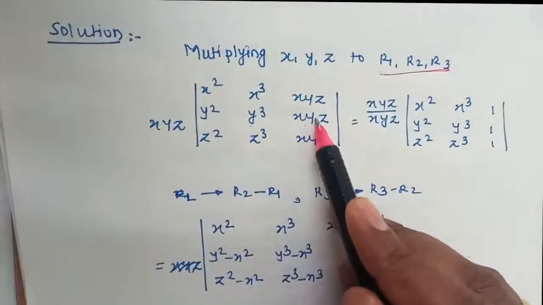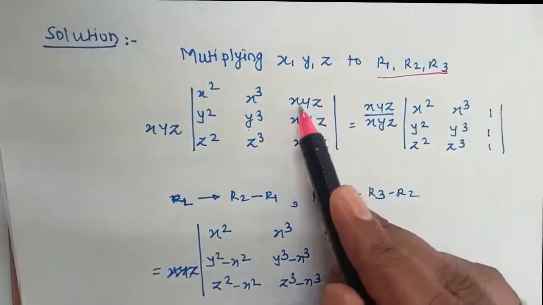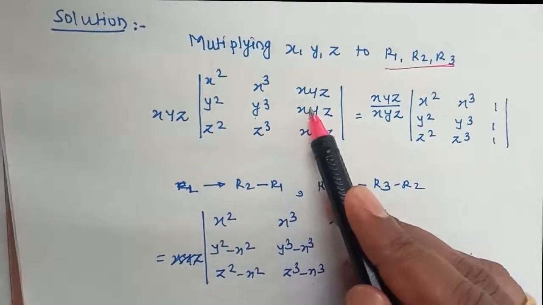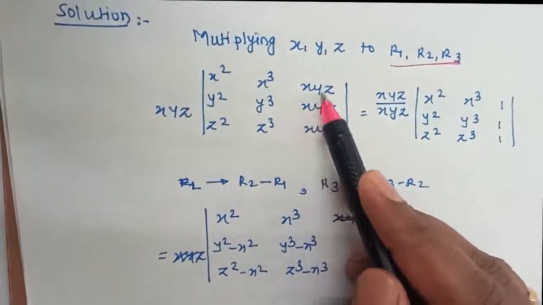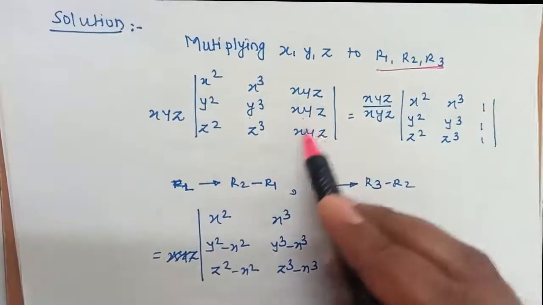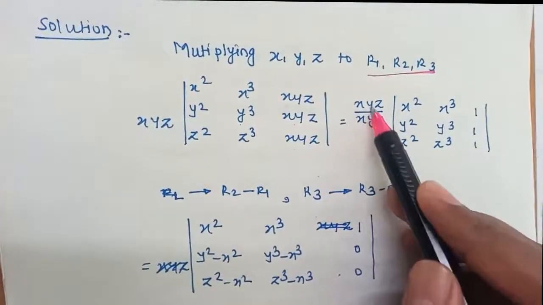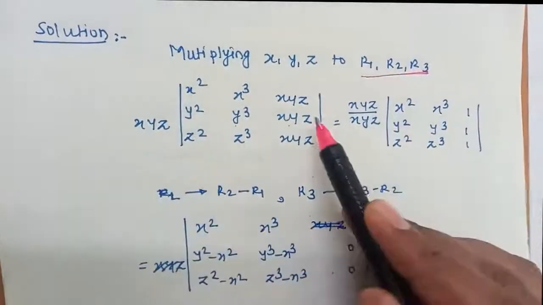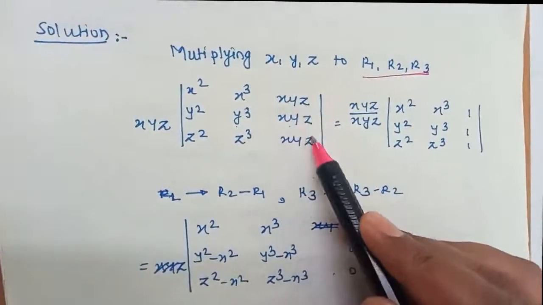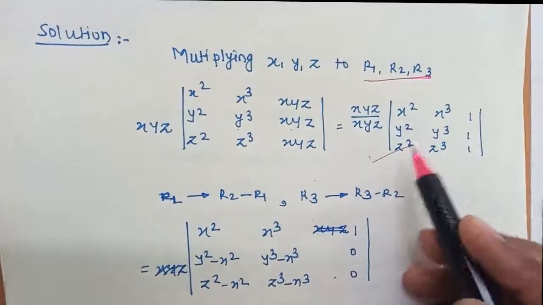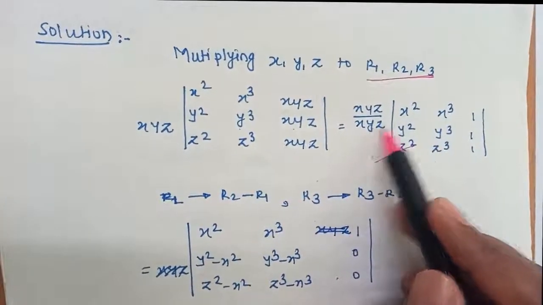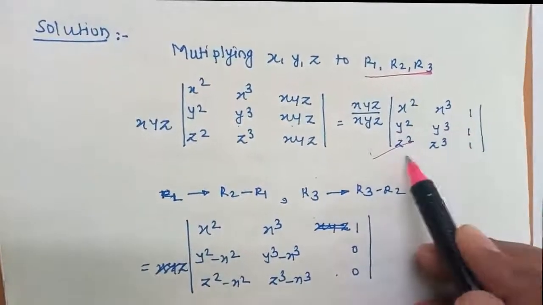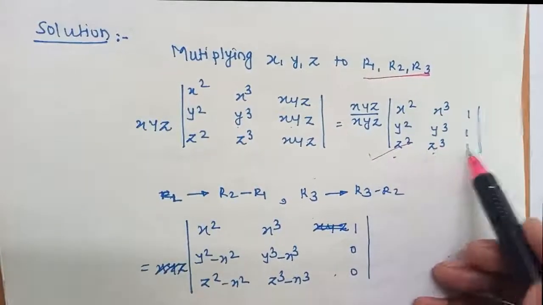It is xyz, xyz, xyz, so I can take xyz common from this, or you can say I can divide every element of the column by xyz. Then xyz upon xyz gives 1 in each row. So I get xyz upon xyz, with rows x square, x cube, 1; y square, y cube, 1; z square, z cube, 1.